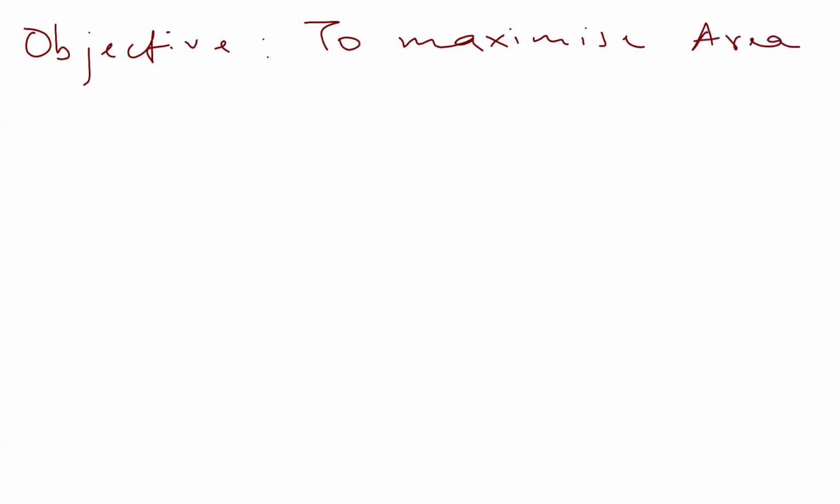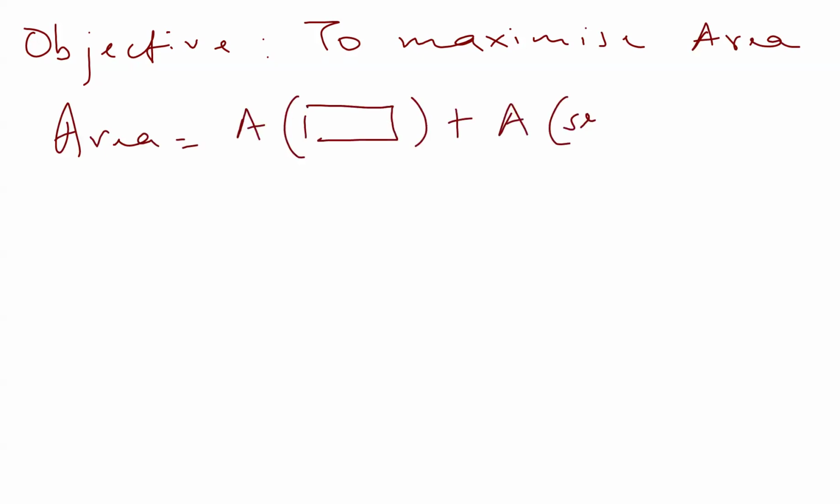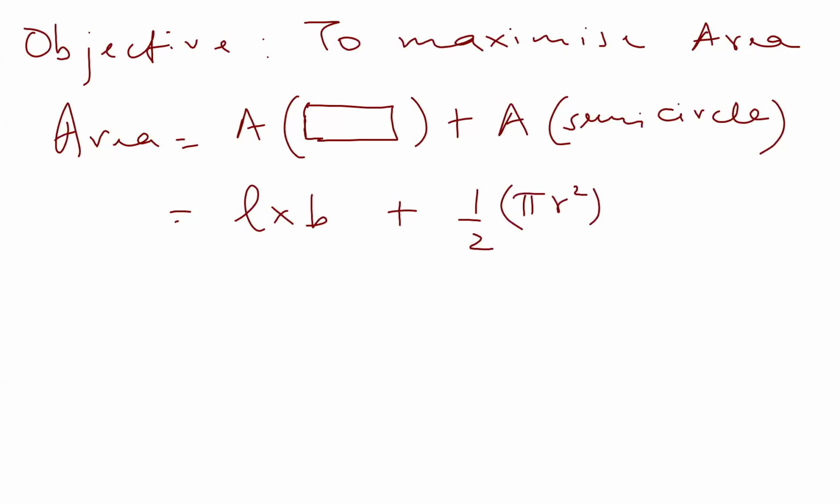To maximize area. So area is equal to area of rectangle plus area of semicircle plus area of semicircle. Fine. So area of rectangle is length into breadth. Area of semicircle is half pi r square. So length is x, breadth is y.